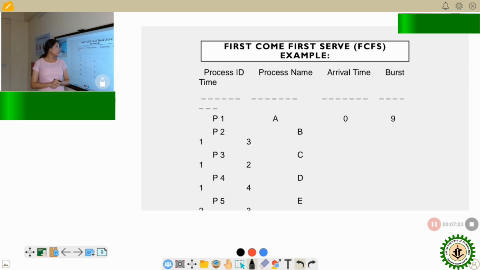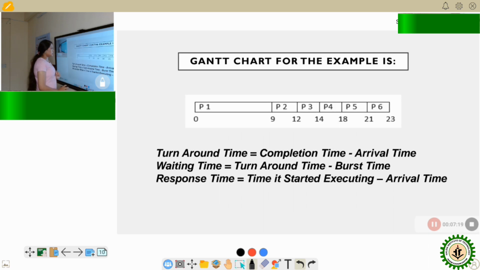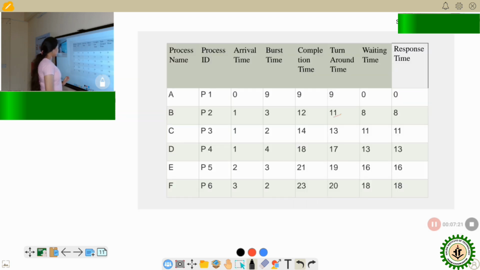So in this example, there is some process ID, and arrival time and its burst time.